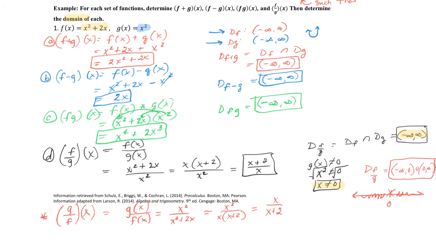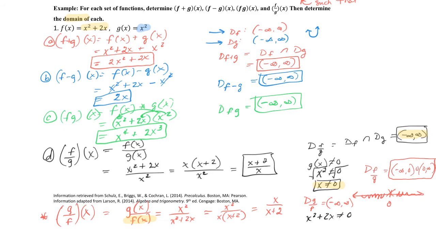So now I want to know what's the domain of g divided by f. Well, that'll be the intersection of the domain of f with the domain of g, which I know is negative infinity to infinity. And then now, again, I've got the restriction that whatever's in the denominator can't be 0. In this case, in the denominator, I had f of x. So what that means is that x squared plus 2x cannot equal 0.